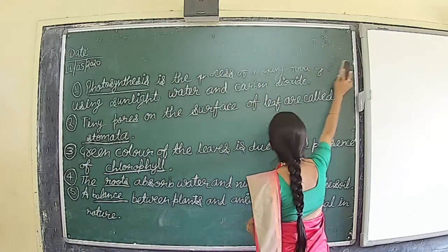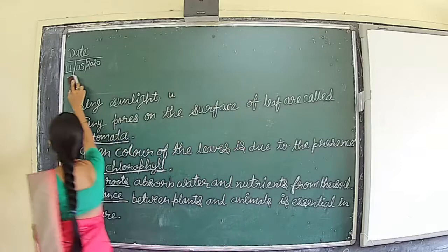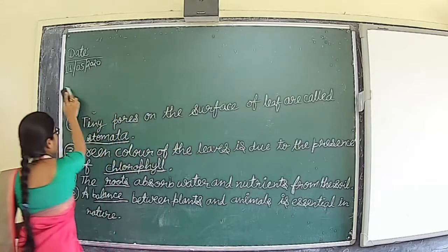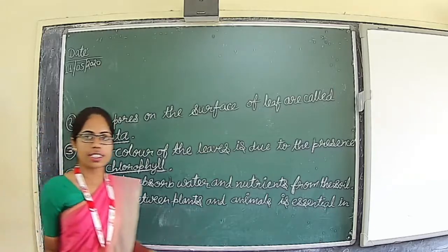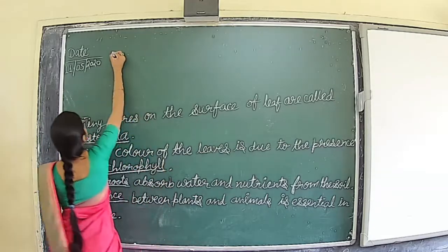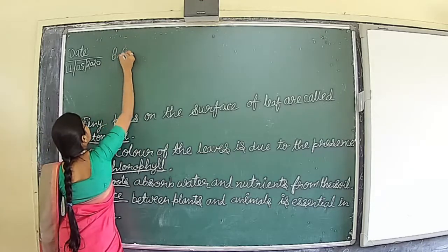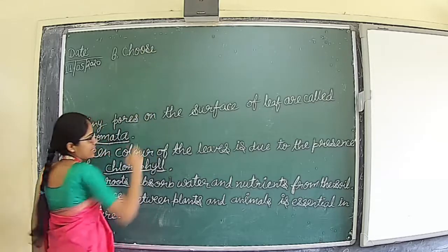Start writing with me, or if you have the book, do this exercise in the book itself. Second exercise: choose the right answer. In your book, it is given as pick the right answer.